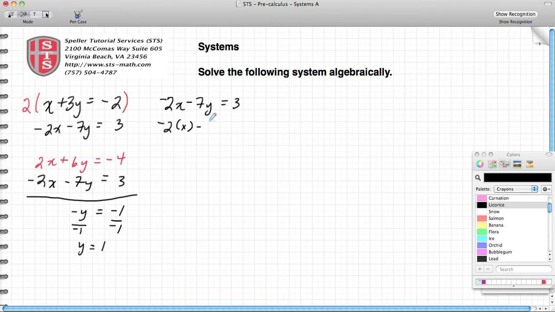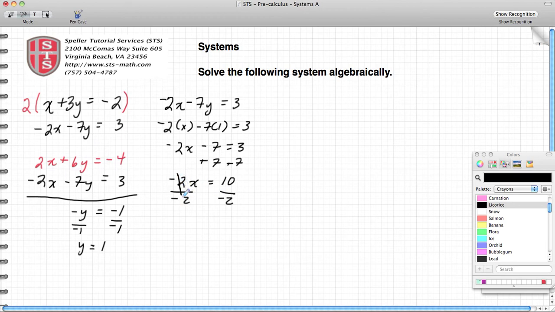And what I'm going to do is substitute the value of y into the equation. So I have negative 2x minus 7 equals 3. Going to add 7 to both sides, which leaves me with negative 2x is equal to 7 plus 3, which is 10. I need to get rid of the coefficient of negative 2 in front of the x, so I divide both sides by negative 2.